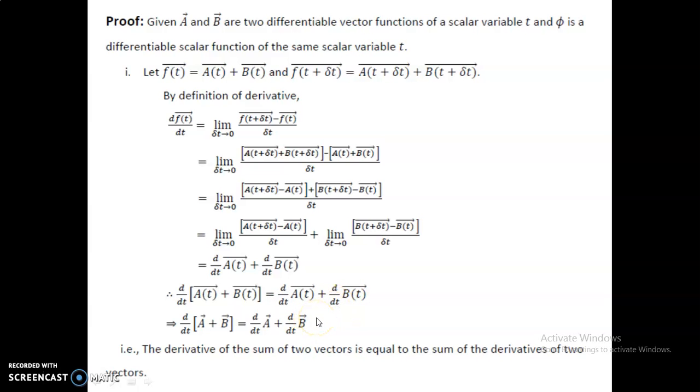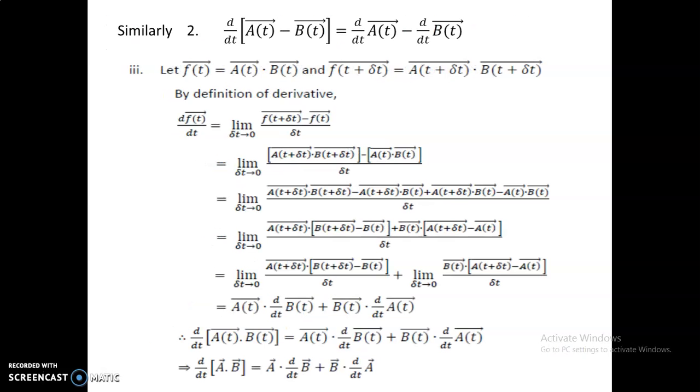That means d by dt of a plus b is nothing but d by dt of a plus d by dt of b. That means the derivative of the sum of two vector functions is equal to the sum of the derivatives of the two vector functions.